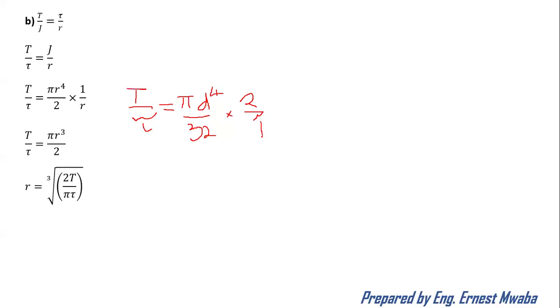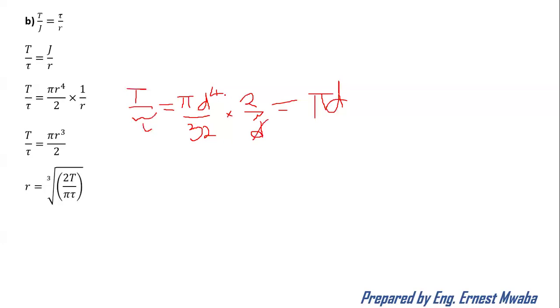2 over D. Where is this D coming from? Because I know that R is D over 2. Because the D is here, meaning the 2 is on top. When you do that, what you have now will look like this. If I just simplify what is here, I'll have pi D cubed. Why D cubed?